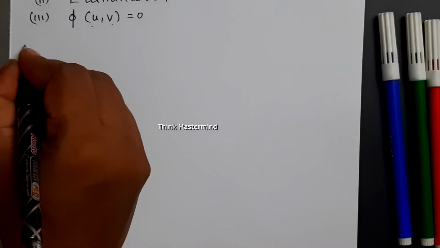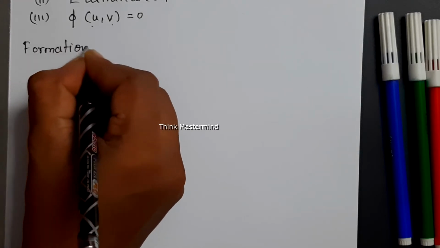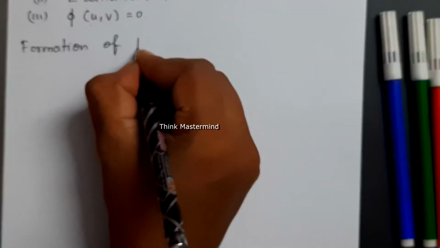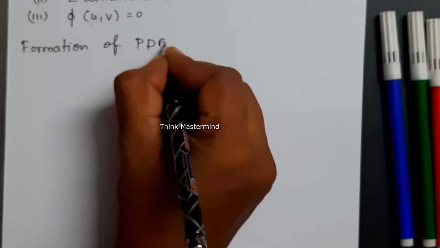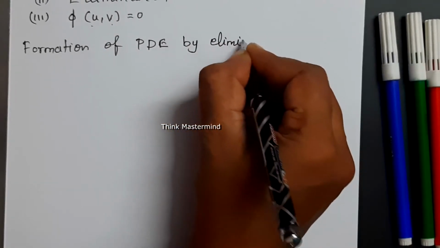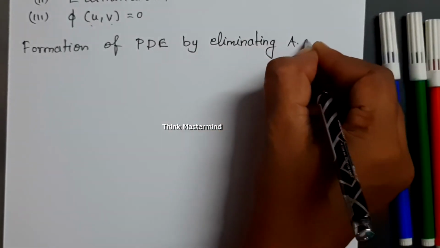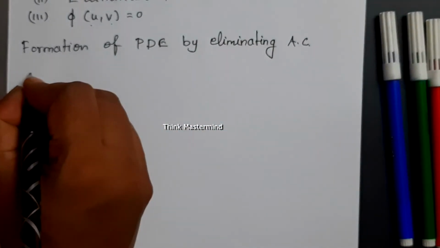Now first one, formation of partial differential equation by eliminating arbitrary constants. There are two cases.